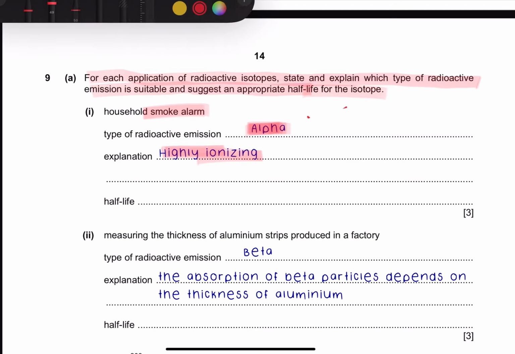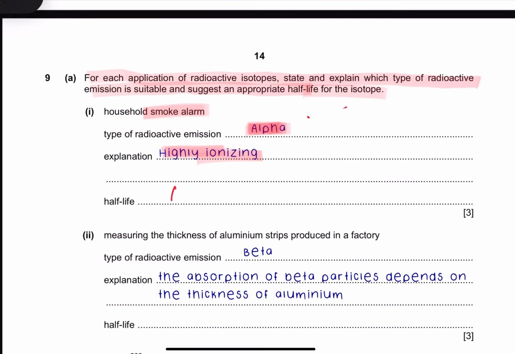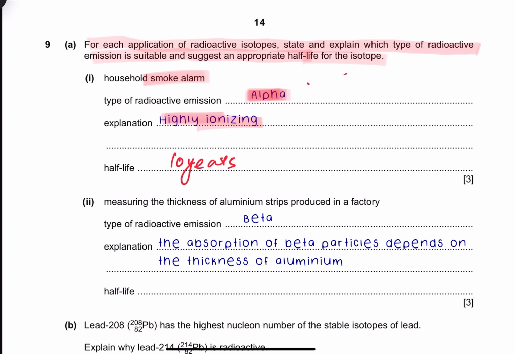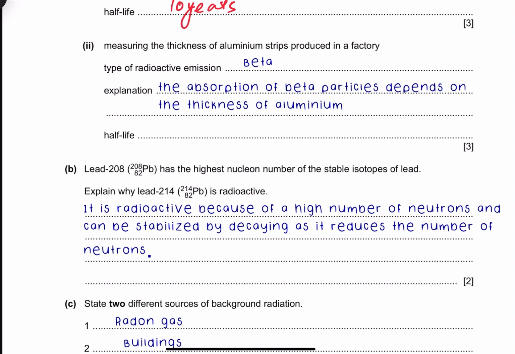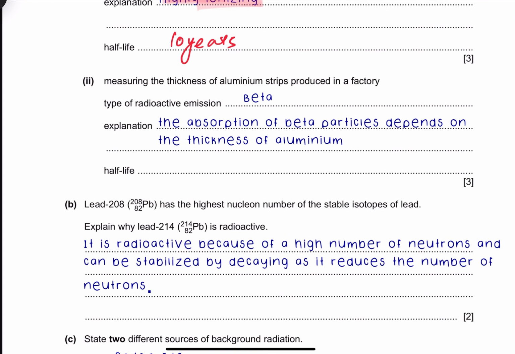Highly ionizing, and for half-life you can write between 10 years to 500 years. You just have to estimate, suggest some appropriate half-life. No fixed value is required. For aluminium, we use beta particles because their absorption depends on the thickness. Here you can also write 5 years or 10 years for the half-life of the beta particle.